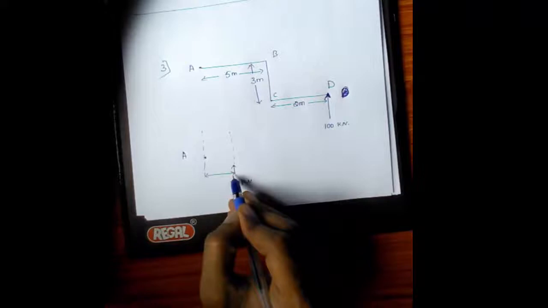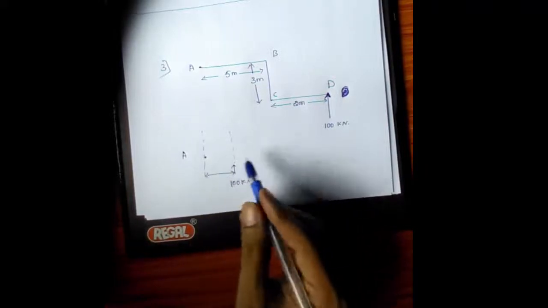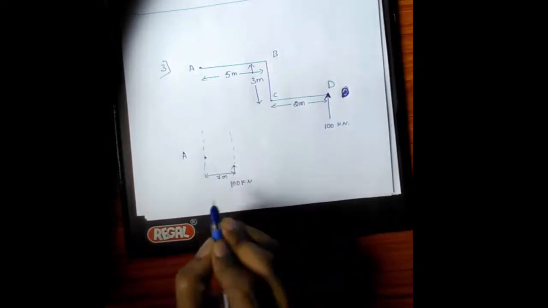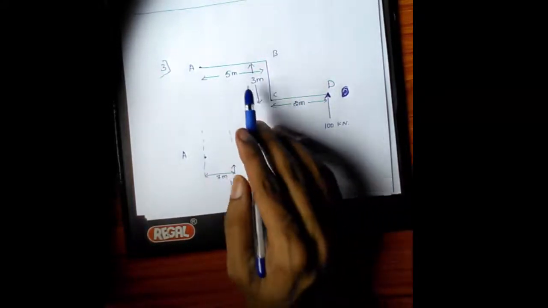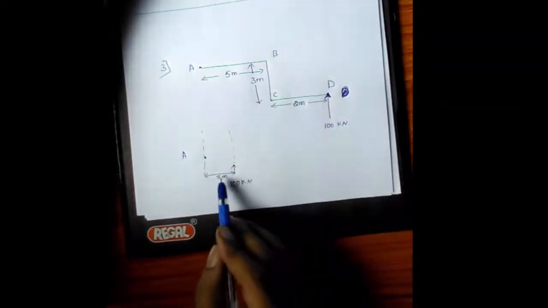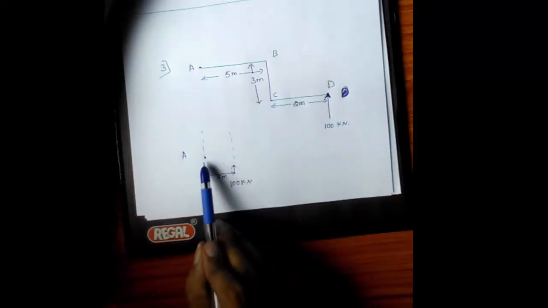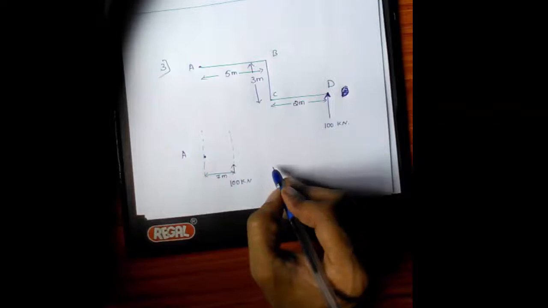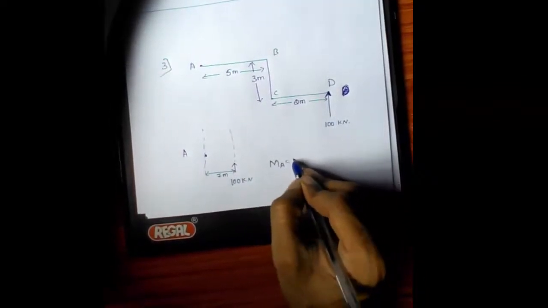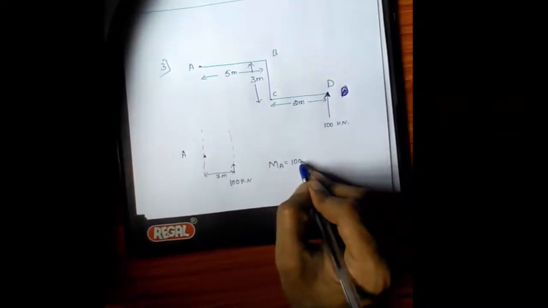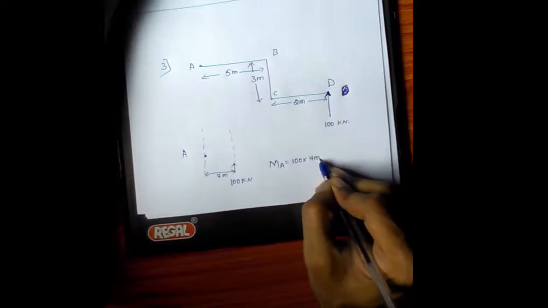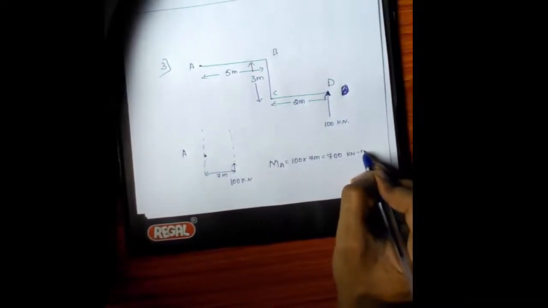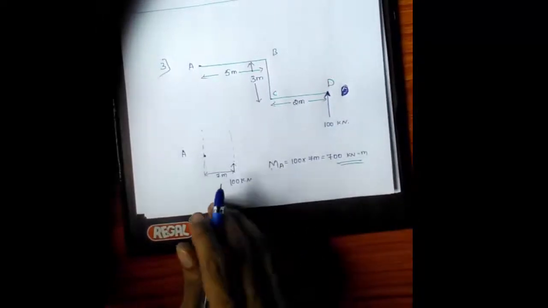The total distance between this and this will be 5 plus 2, that is 7 meter. That is not 5, not 3, not 2. It is 5 plus 2, that is 7 meter, the perpendicular distance from point A to the force 100 kilonewton. Therefore MA becomes 100 kilonewton into perpendicular distance 7 meter, that is 700 kilonewton meter, the moment at point A.